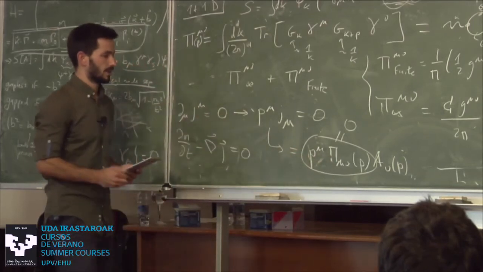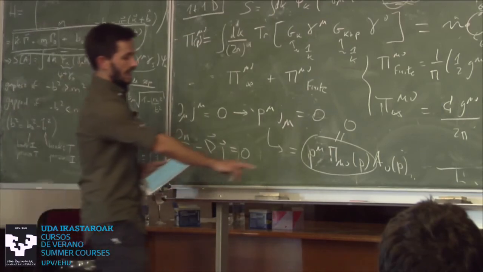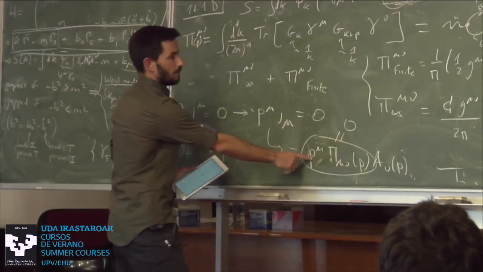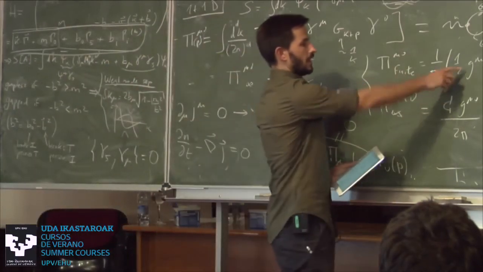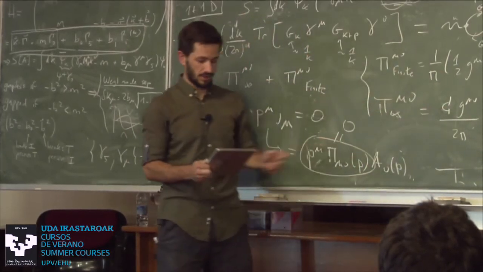So you're kind of projecting into P. Now if you just multiply with P here, you will see that there's only one value of C for which this condition actually holds.